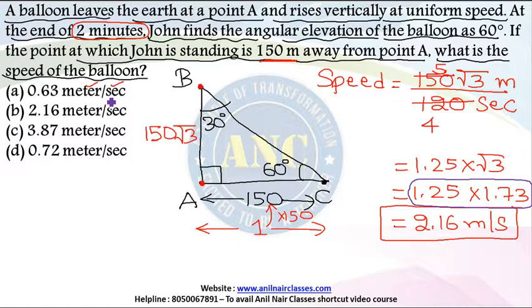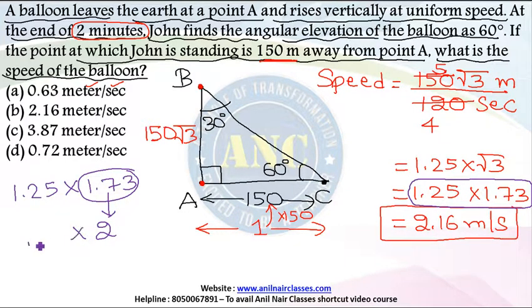If I am looking into the answer options continuously, those are the biggest clues. Why? Suppose I want to multiply 1.25 into 1.73. Forget about 1.73, assume it as 2 to make our calculation simpler. I am approximating to a higher value of 2. 1.25 into 2 is 2.5.